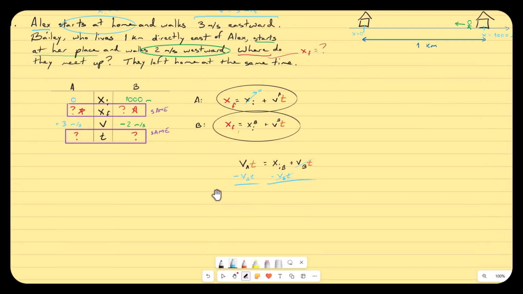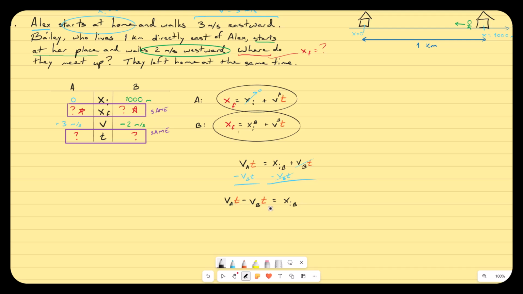This leaves on the left v Alex t minus v Bailey t, and on the right it leaves x initial for Bailey.